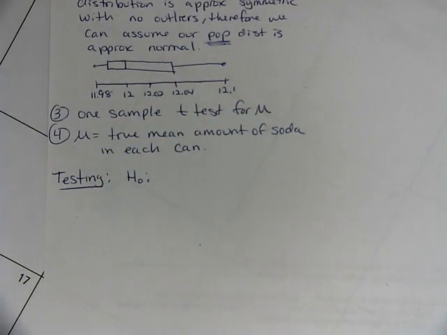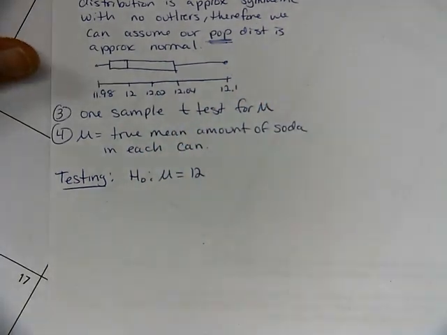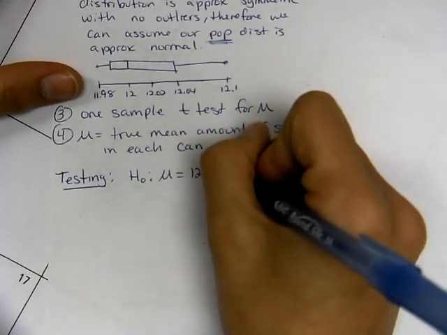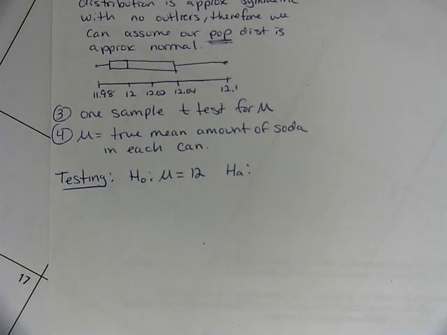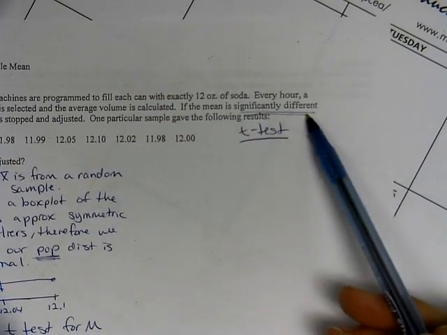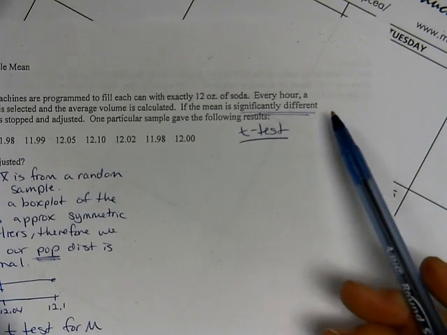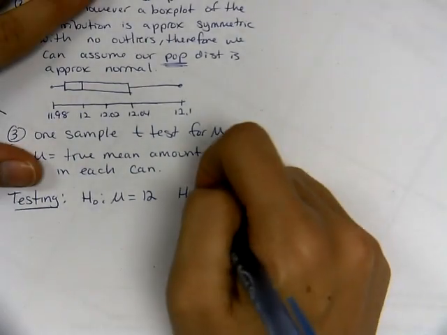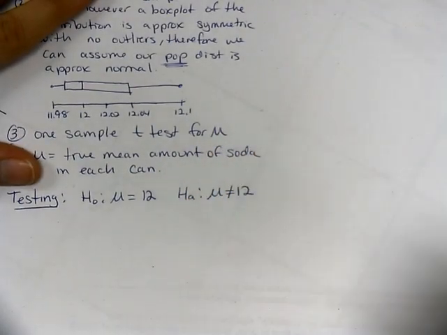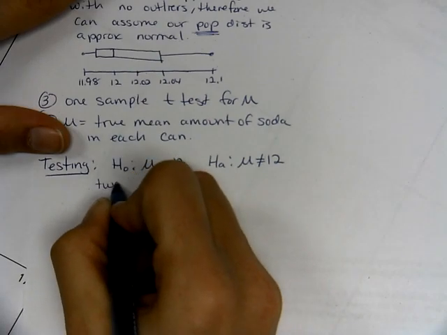For testing your null hypothesis, you want the mean to be 12 ounces. What's our alternate? Significantly different would just be not equal, so less than or greater than. So this is a two-tailed test.